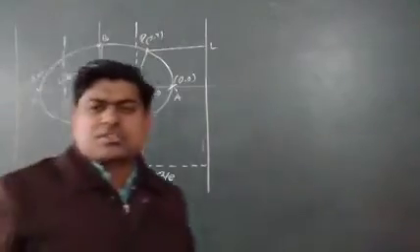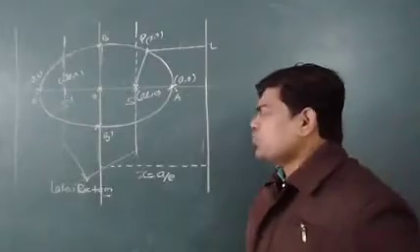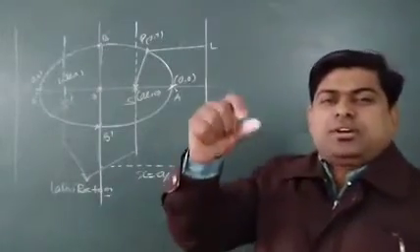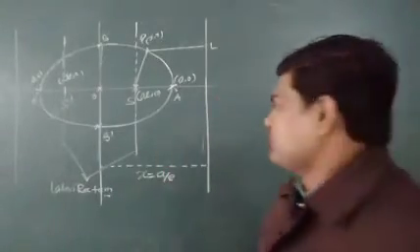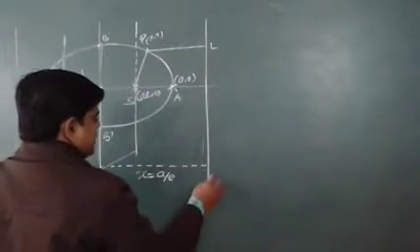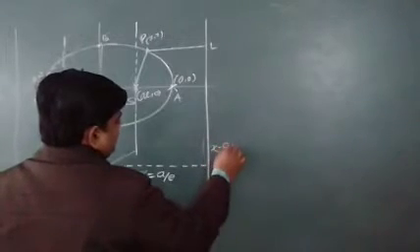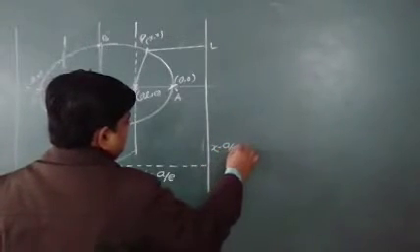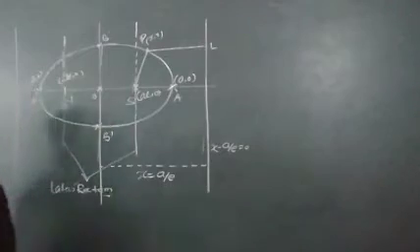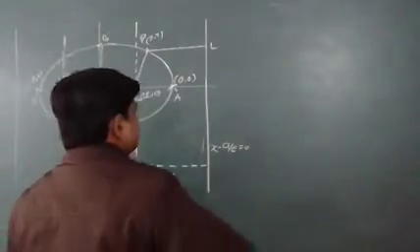So these are the few things related to the ellipse, and now the question has come: how to find the equation of the ellipse. If you remember, I told you that the equation of this directrix is x = a/e, so x - a/e = 0. Now I have P(x, y) here.